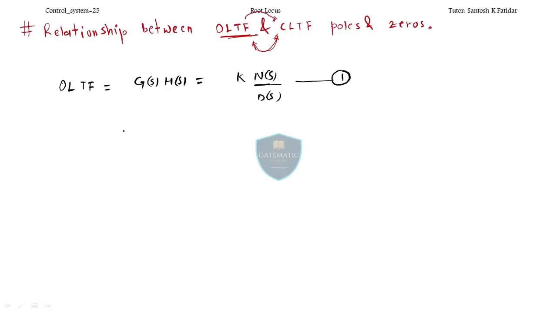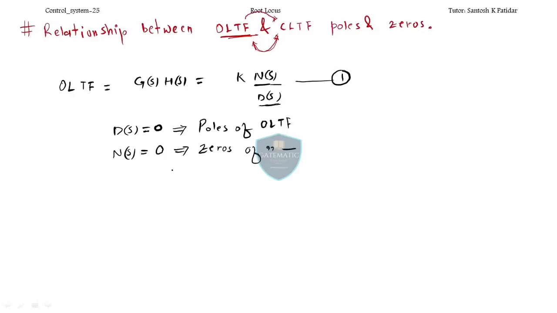What are the poles of the open loop transfer function? This one only, meaning you equate D(s) equal to 0 and you will get the poles of the open loop transfer function. Now what about N(s)? If we equate the numerator terms to 0, these are the zeros of the open loop transfer function.